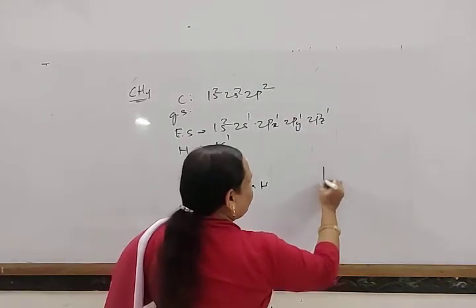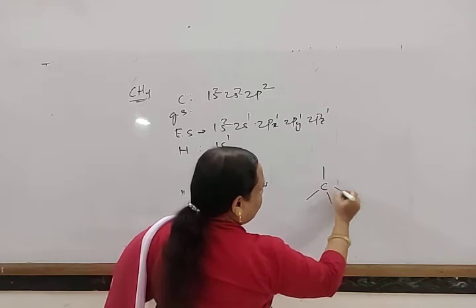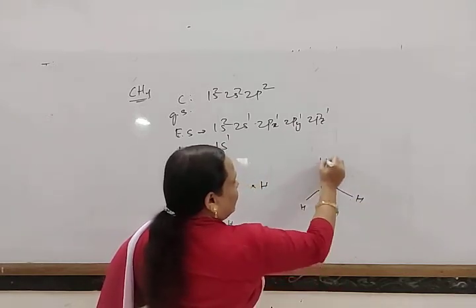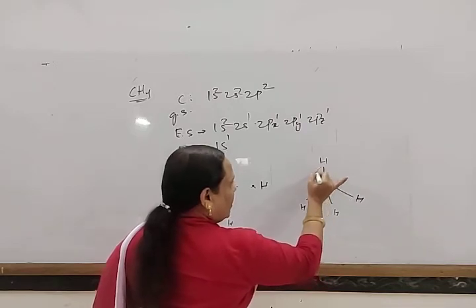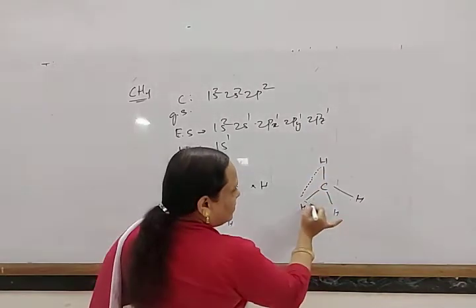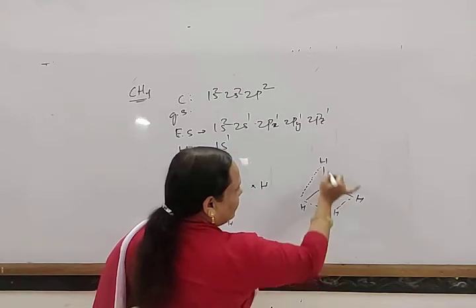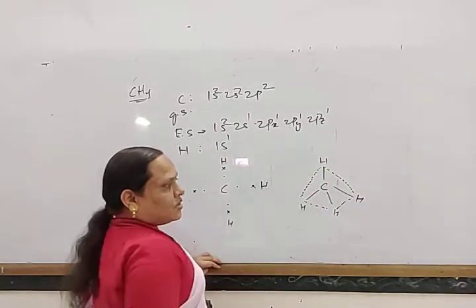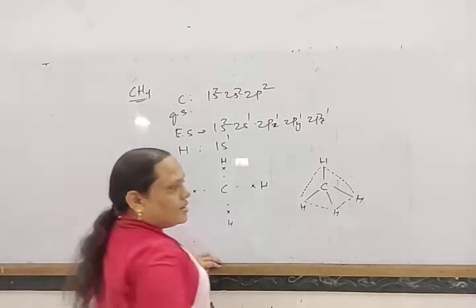So here, for one carbon, the bond pairs remain like this. If we draw the bond line structure, it becomes like this. And when we join all these points, it gives you a regular tetrahedral structure. So this structure is called a tetrahedral structure.